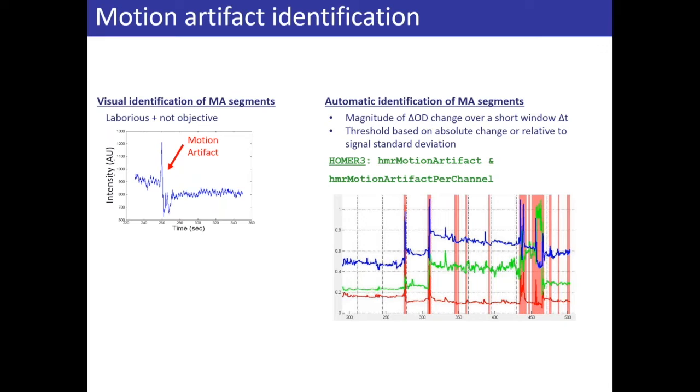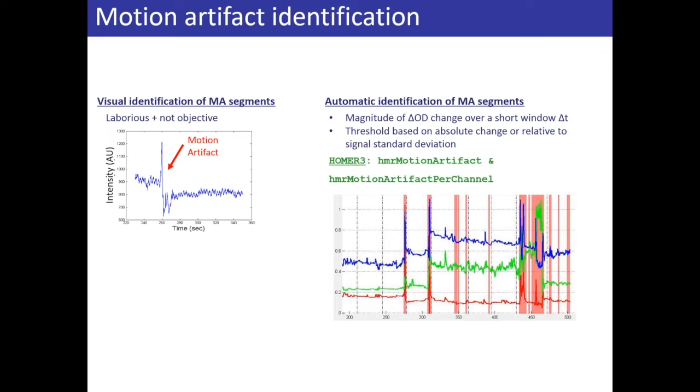Homer has functions that perform an objective detection, which are based on simple criteria and a couple of parameters. What we do is we typically look at change in optical density. For instance, if the optical density change within a certain time period, for instance, 1 second, is greater than a certain amplitude, then we define it as a motion artifact in the signal in that time period.